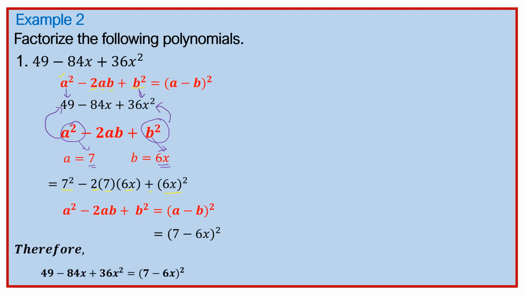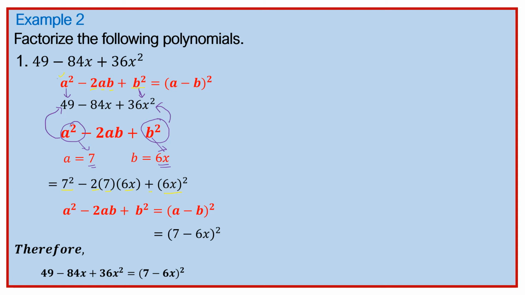Okay? So you can see that the quadratic polynomial 49 minus 84x plus 36x squared equals (7 minus 6x) squared.